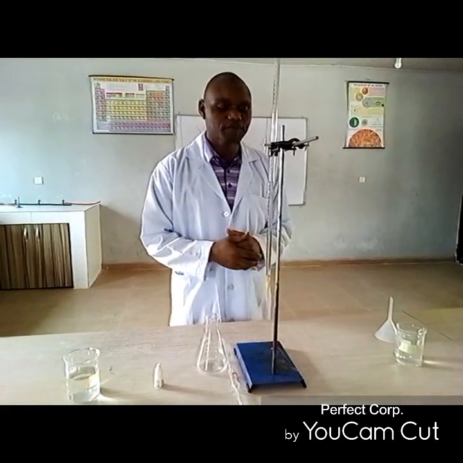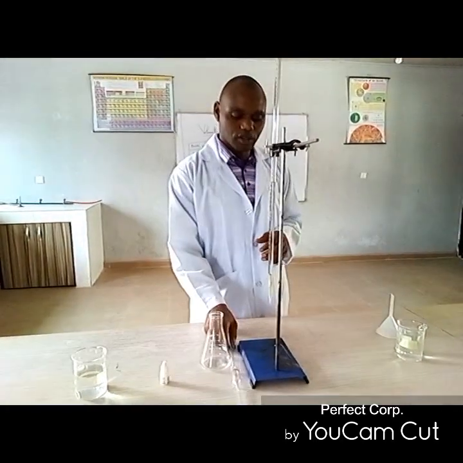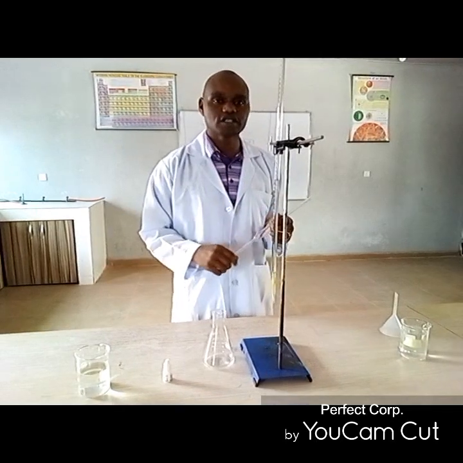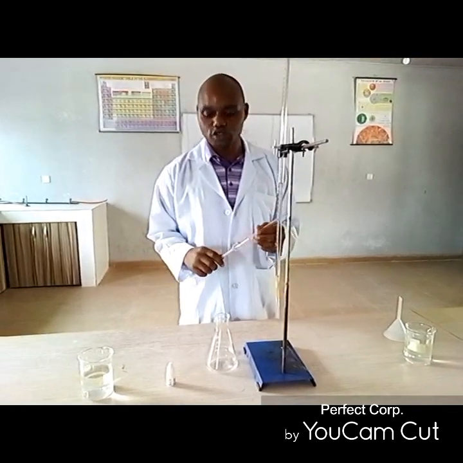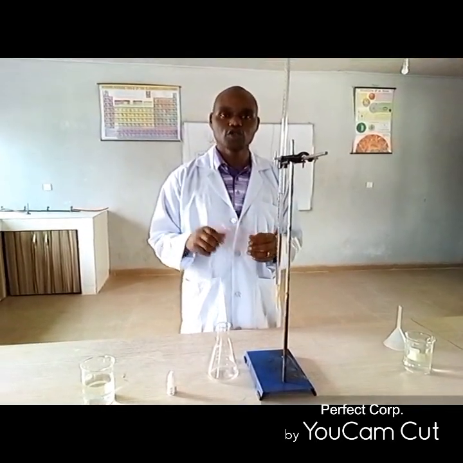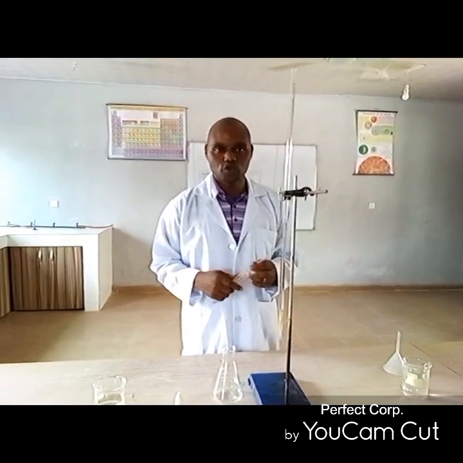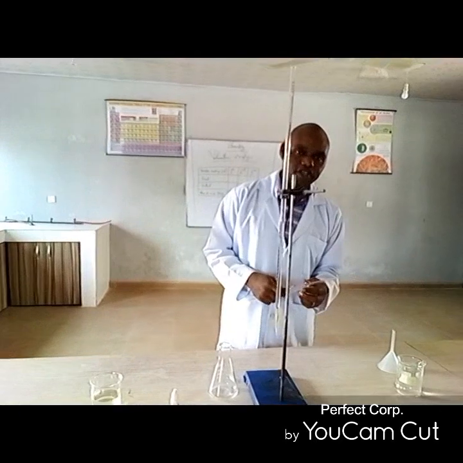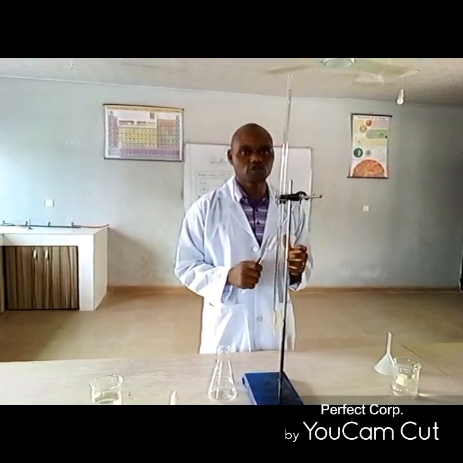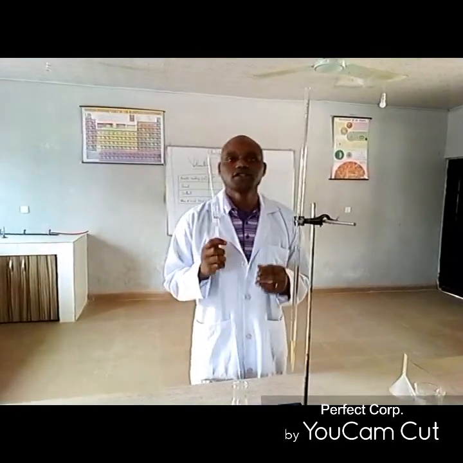That is what we are seeing here. Now we want to take note that the first thing we need to do is to use the pipette to sip the base. That is the first thing you need to take.